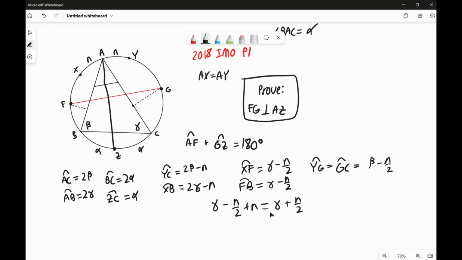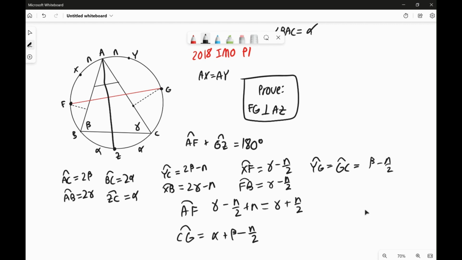So this is equal to AF, now we want to find GZ. Well, we already have an alpha here, so we want to go ahead and get GC, which is beta minus n over 2. So CG is equal to alpha plus beta minus n over 2.